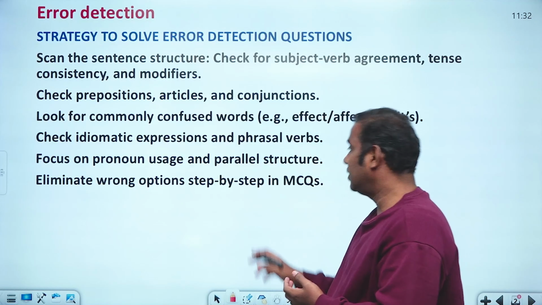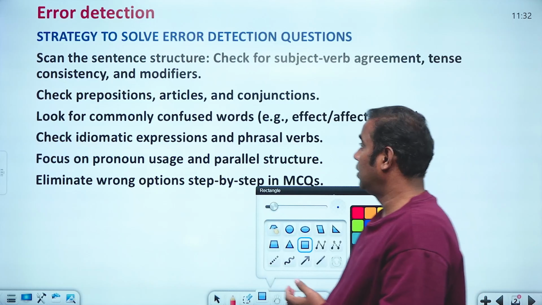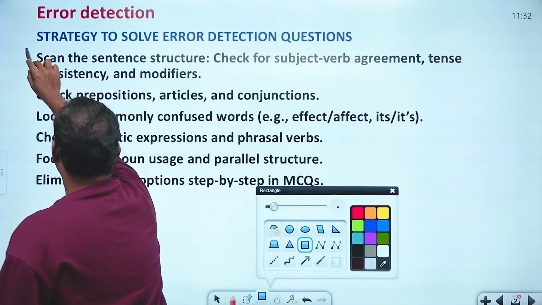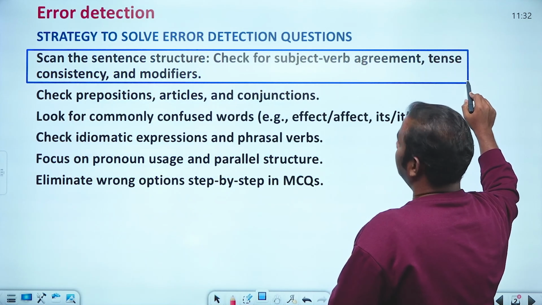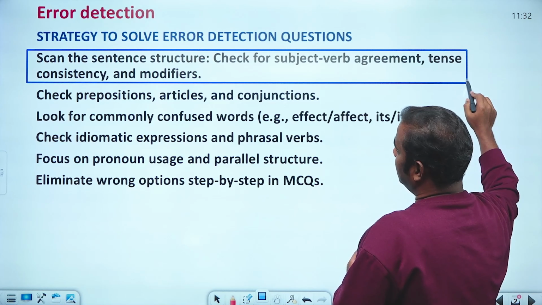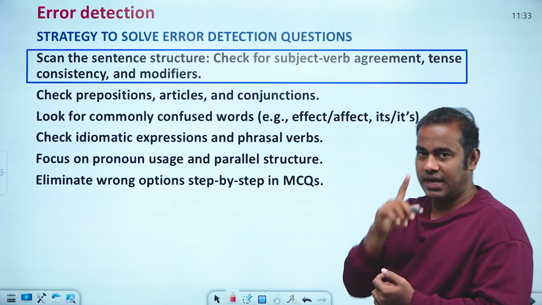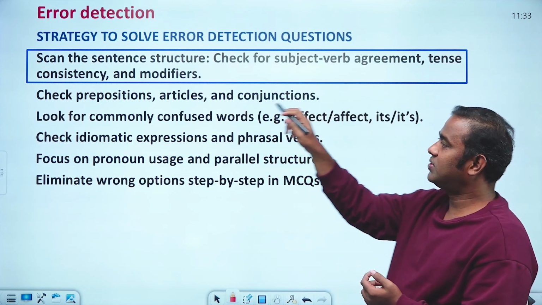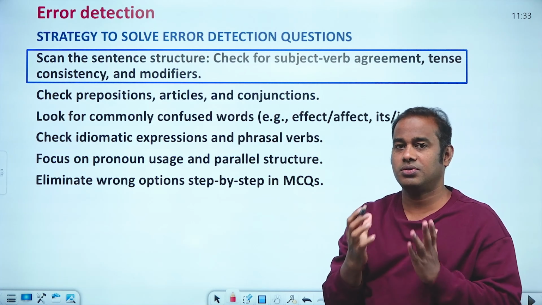The first point: scan the sentence structure and check the subject verb agreement, tenses, consistency, and modifiers. All those things you have to look at here.